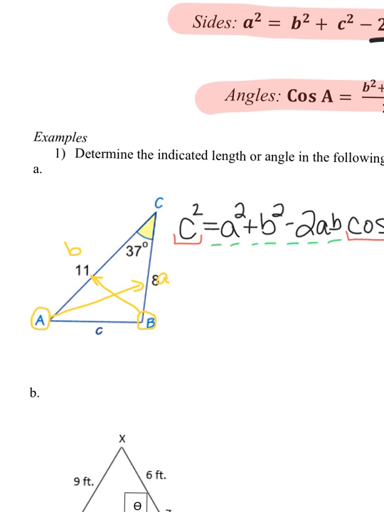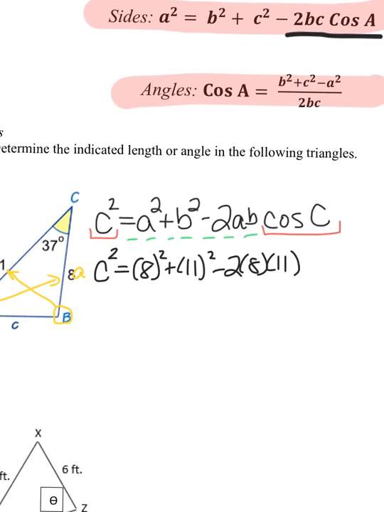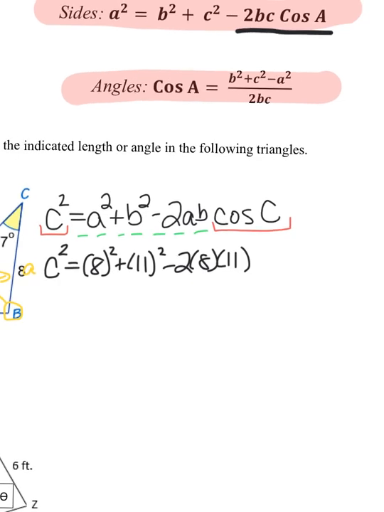So we are looking for C, and I'm going to just start plugging in my numbers where they belong. So I'm putting 8 in for A, I'm putting 11 in for B, 2 times 8 times 11, and then just sliding over, I have an angle of 37, so I'm going to continue here multiplying cos 37 degrees.